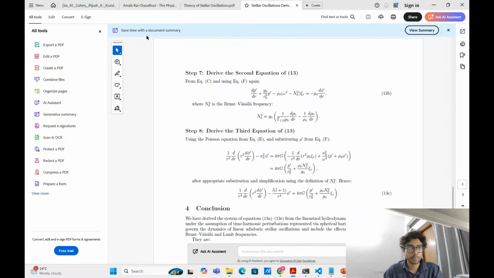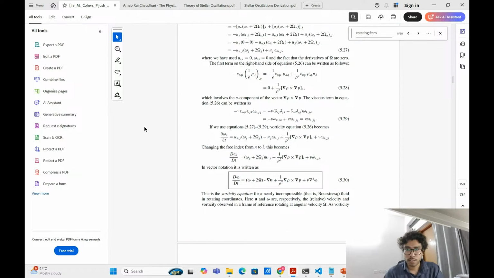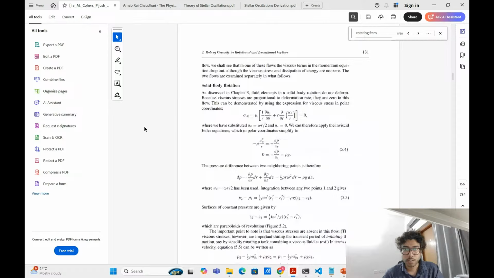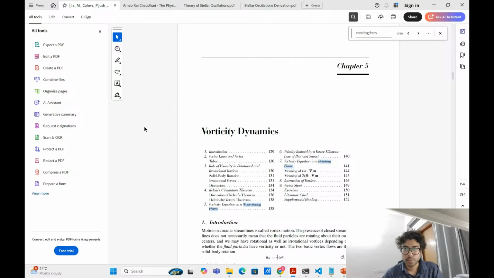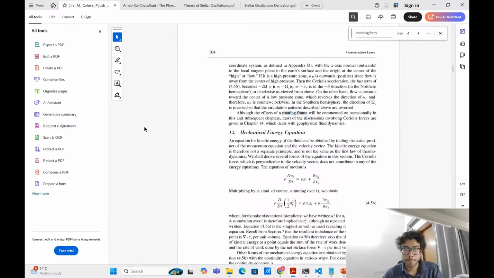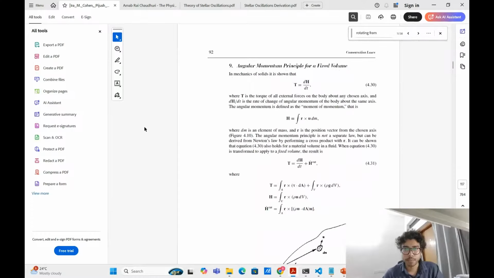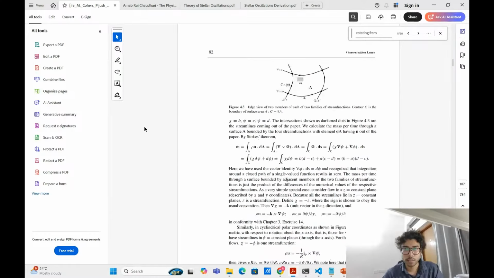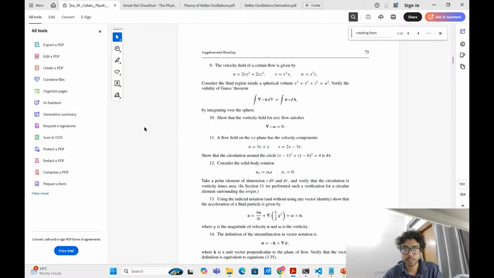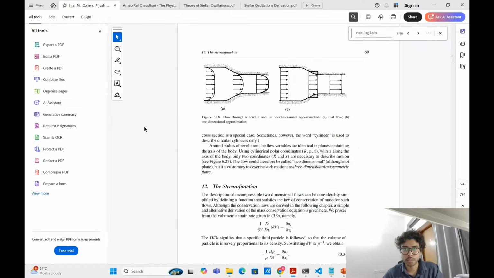I have the book open, let me check. Chapter 5 is there, you can study. Chapter 5 also contains the Coriolis force and those things.